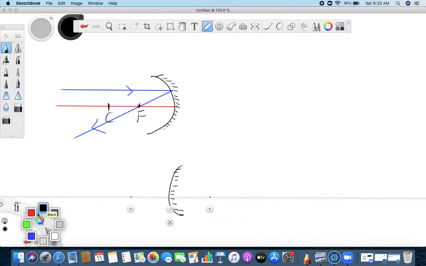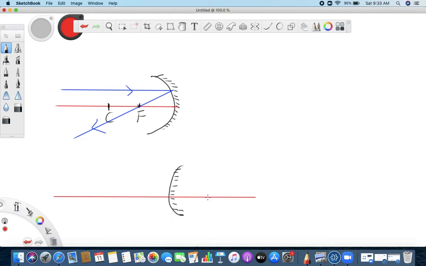Okay, so this is your principal axis. Now this is your F and this is your C. Here the curve goes on the other side. Don't remember this thing. Now the ray is parallel to principal axis, so let me draw a ray parallel to principal axis.